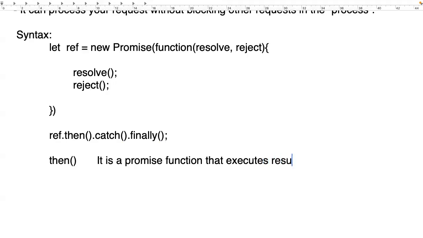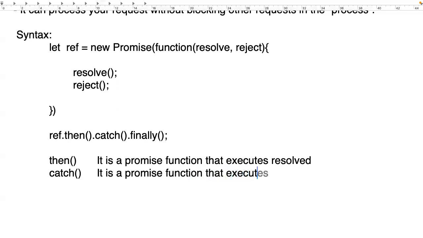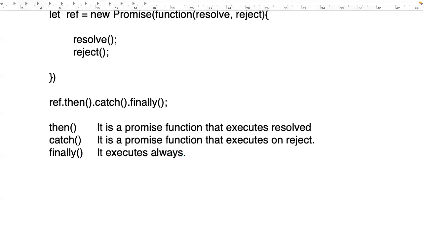Catch is a promise function that executes on reject. And finally executes every time. It executes always, on success and on failure.